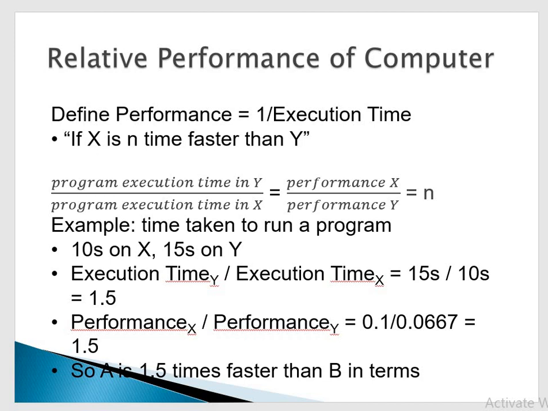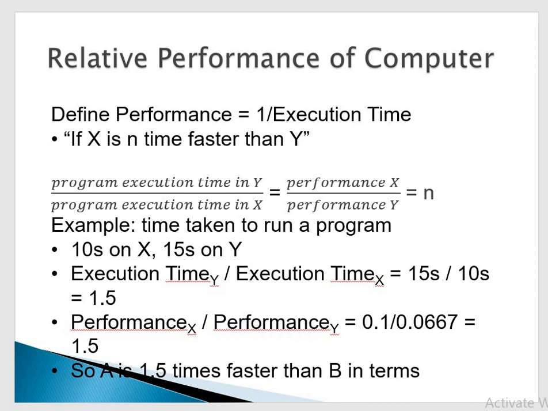Similarly, the performance can also be evaluated in terms of throughput. As we have already discussed, performance is equal to 1 divided by execution time. So 1 divided by 10 seconds is equal to 0.1, and 1 divided by 15 is equal to 0.0667.